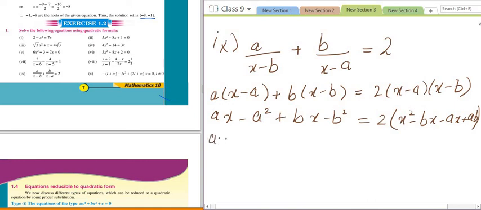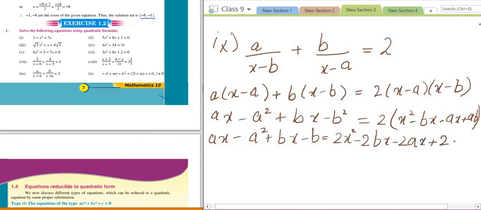Now this becomes ax minus a square plus bx minus b square equals to 2 x square minus 2bx minus 2ax plus 2ab.